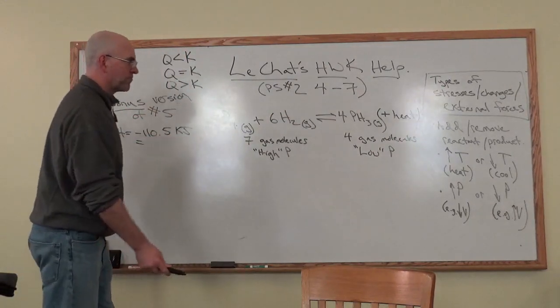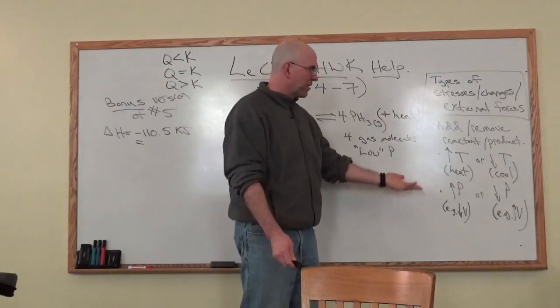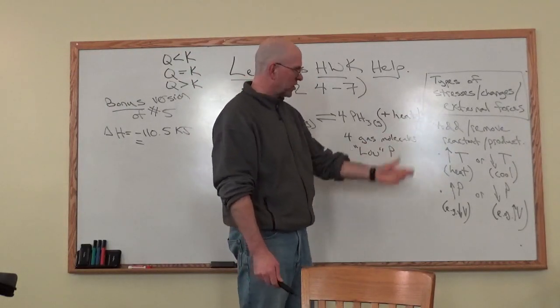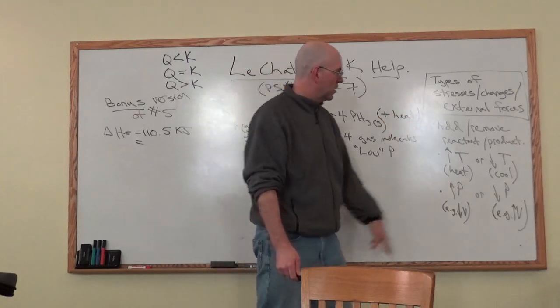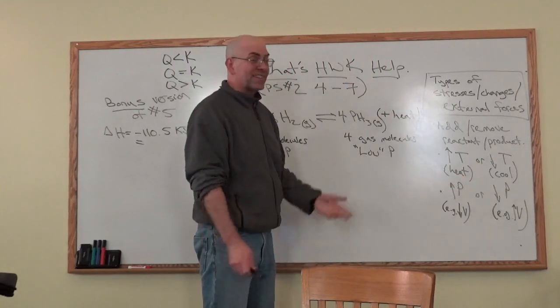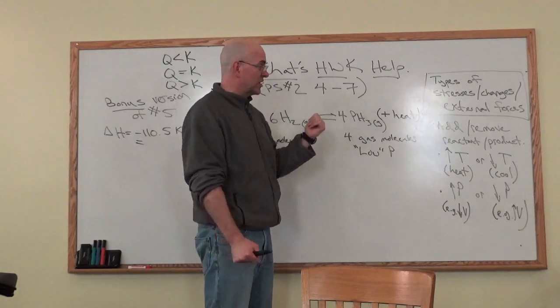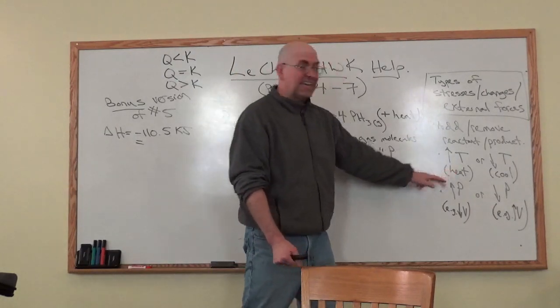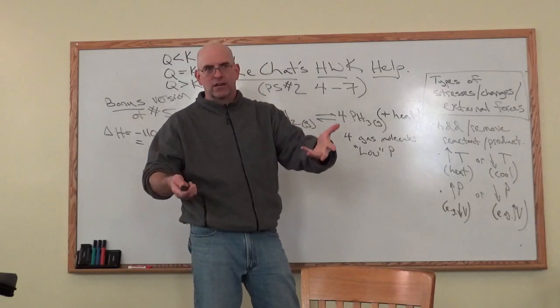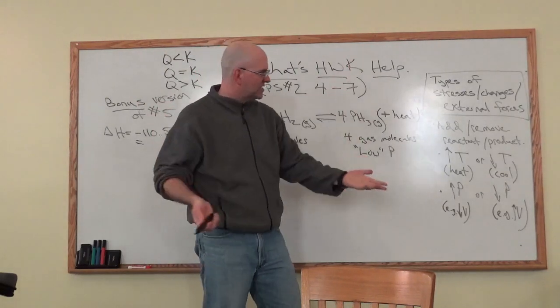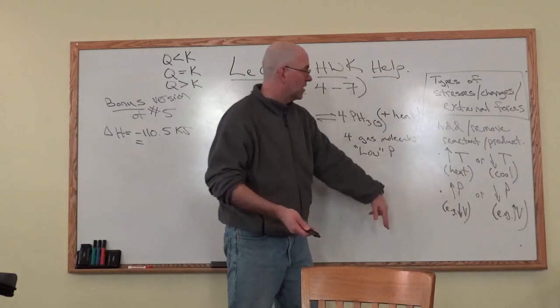Okay, another thing I can do is I can heat up a reaction or I can cool it down. That means I increase the temperature or I decrease the temperature. What does that mean in terms of the reaction? That means I'm going to add heat. I'm physically doing this as I'm cranking up your hot plate. Or I have some vessel where I change the temperature. So I'm adding heat.